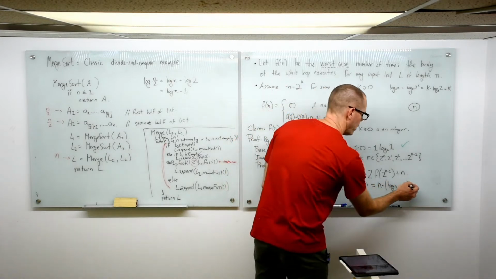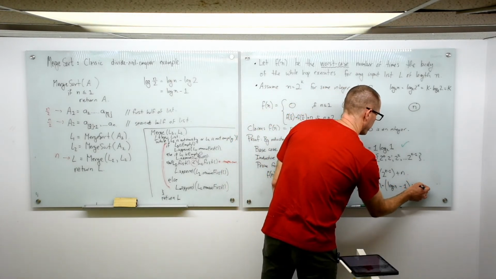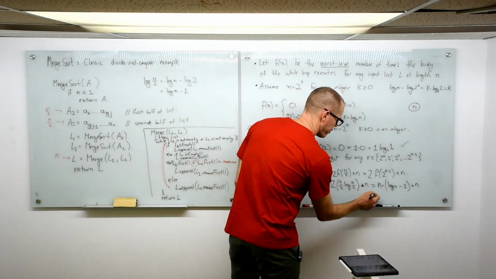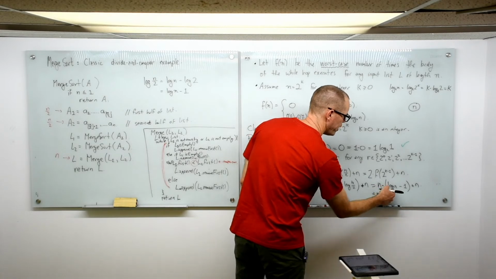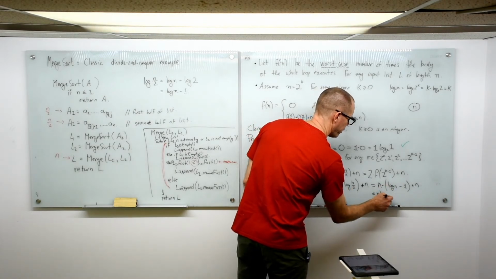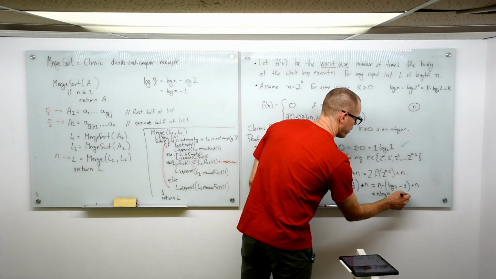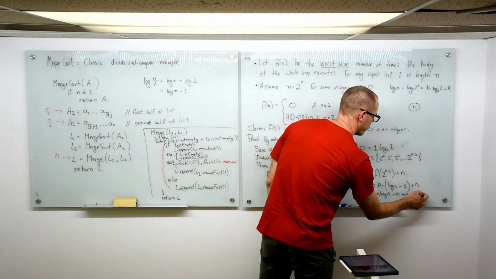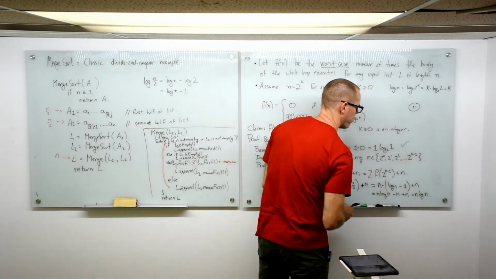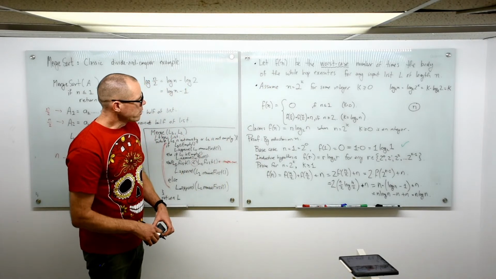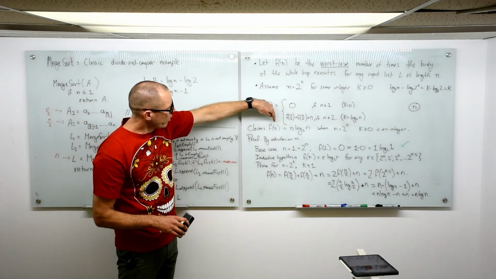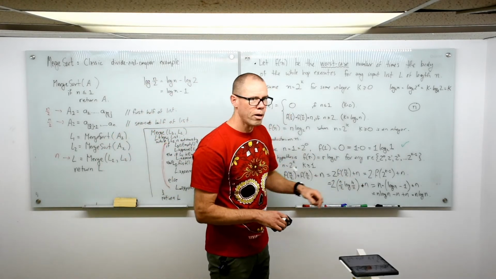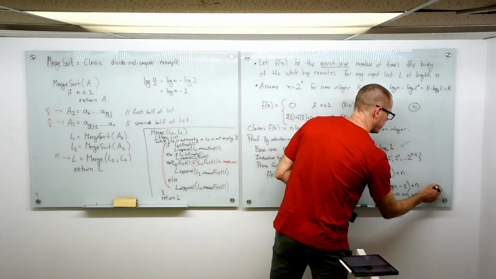And let's not forget the plus n, which is, multiply the n through, n log n minus n plus n, which is just n log n. Let's do a sanity check. Yes, that is what we were trying to prove, that f of n is equal to n log n, and there it is. Okay.